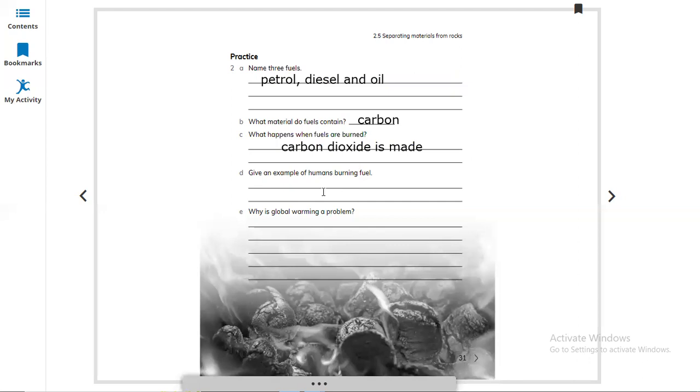We are heating the house, cooking food. Obviously, this is a kind of burning fuels, like natural gas. So we can write here natural gas. Cooking food also.